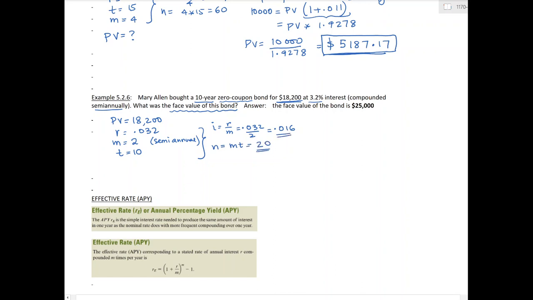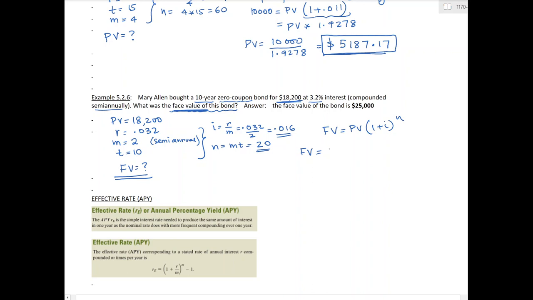So once I know these, I can go to my compound interest formula, and let's see what all we have. This time we have to find the future value. See, the question says what's the face value of the bond. So I need FV.